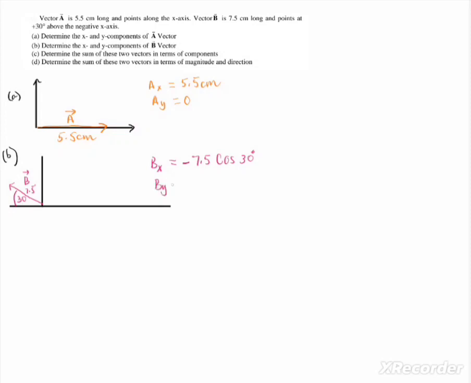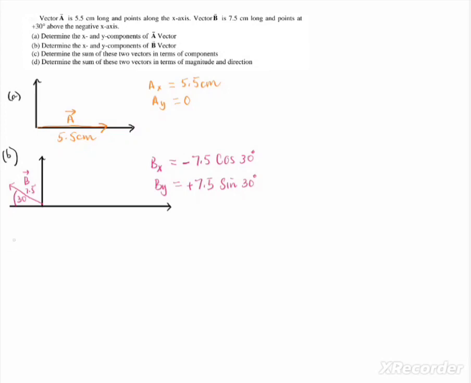And the y component is 7.5 sine of 30 degrees, but that is positive because we are in the second quadrant. So that is part B.